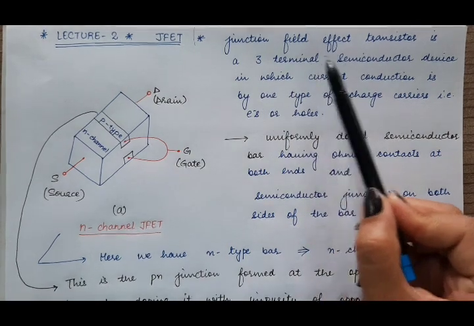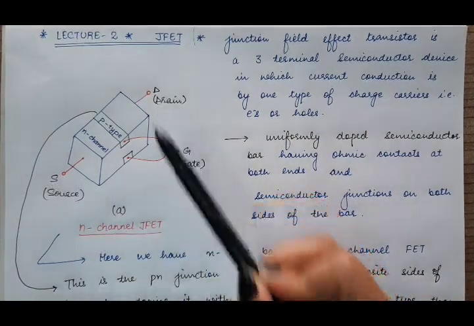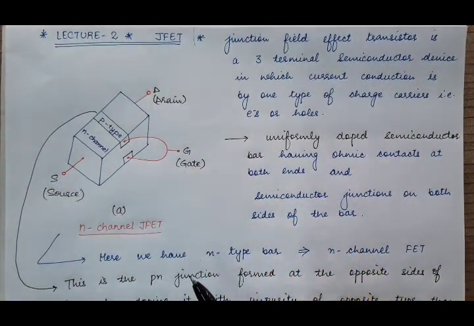A junction field effect transistor is a three-terminal semiconductor device in which there is conduction of current. And we know that in semiconductors, we have two types of charge carriers, electrons or holes. But this FET, as we discussed in our previous lecture, is a unipolar device.